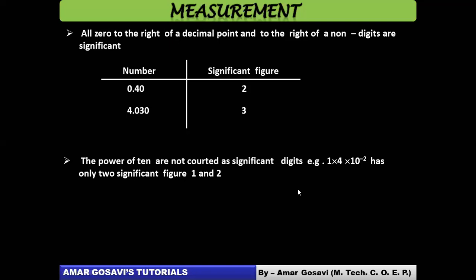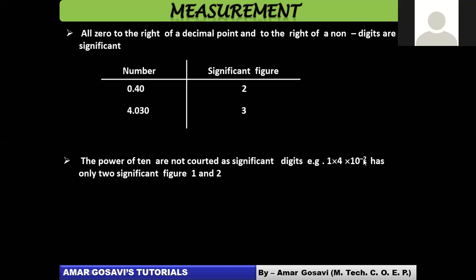Hopefully you have taken it. Sir, will you please explain the second one? Second one, this one, this one. Yes. Okay, fine. I'll explain this. The power of 10 are not considered as significant. Means whatever are the powers of 10, either power of 10, 10 raised to minus 2, not considered as significant.